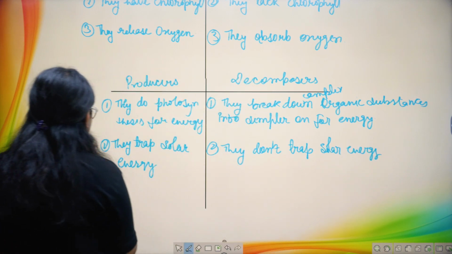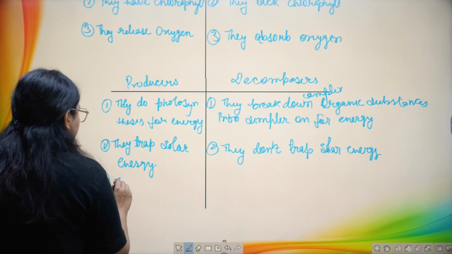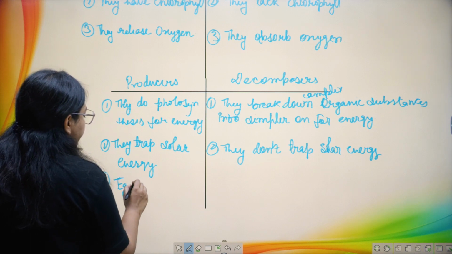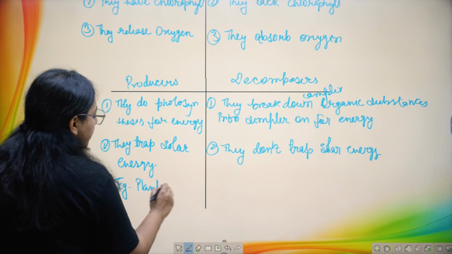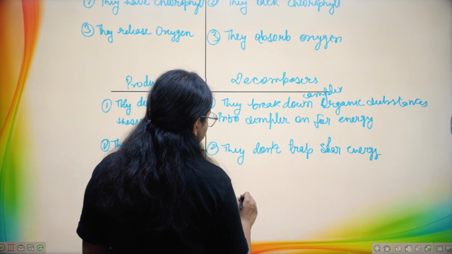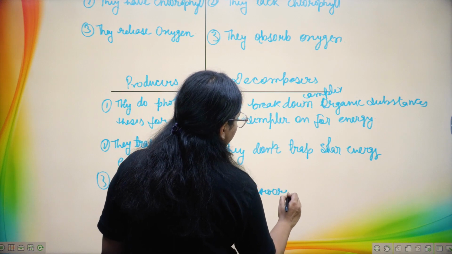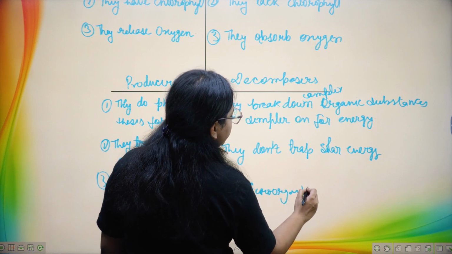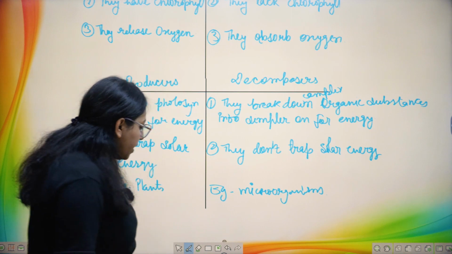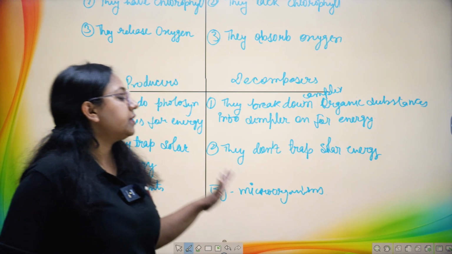Third is examples. For producers we can write plants, and for decomposers the example is microorganisms. So these are the basic differences.